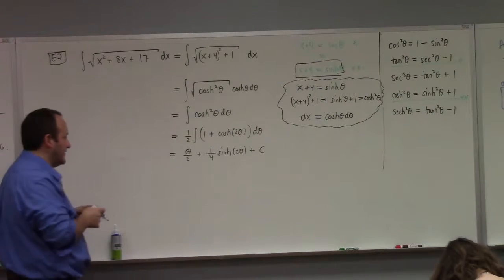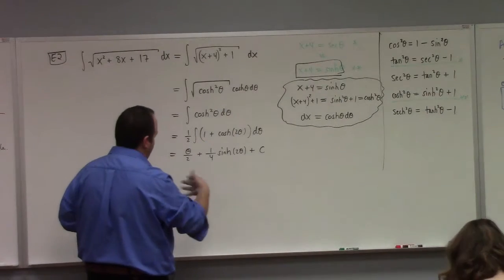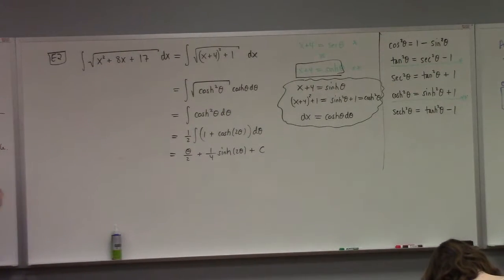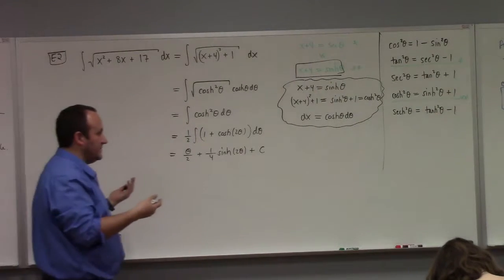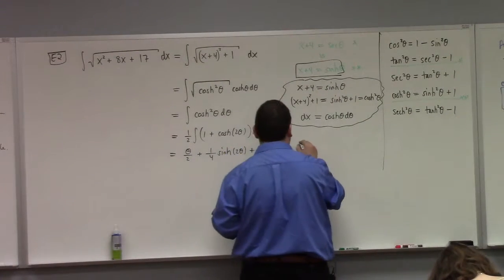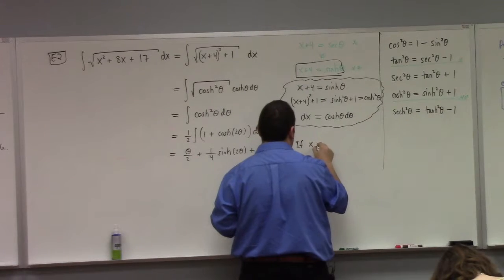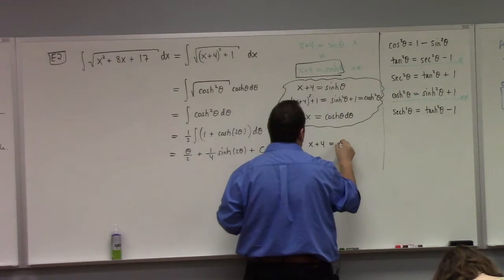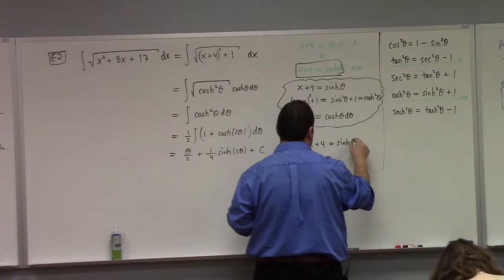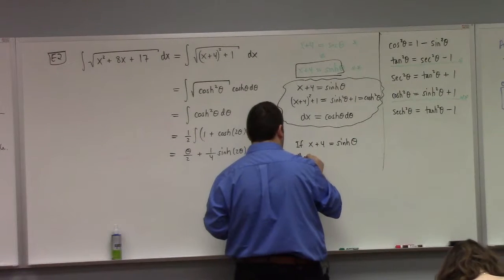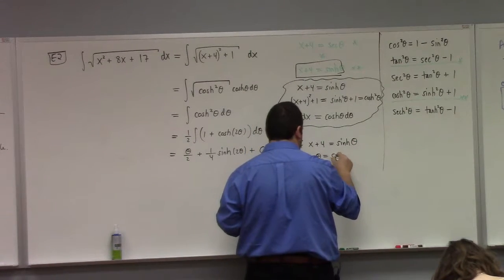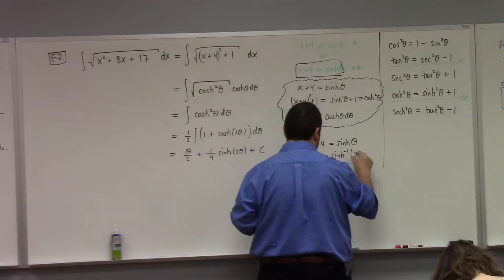And great. So that's not the answer yet, right? We need to go back to x's. So what is theta as a function of x? Notice if x plus 4 is hyperbolic sine of theta, then theta is inverse hyperbolic sine of x plus 4.